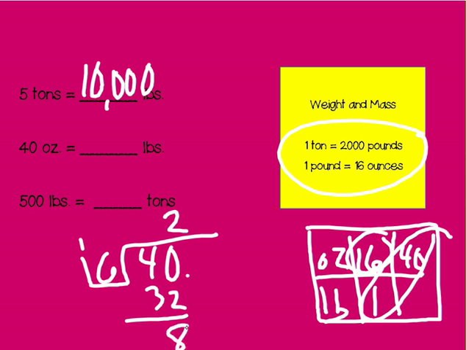We have 8, put in a decimal and a 0. 16 will go into 80 5 times, get my decimal in there, 5 times 16 is 80. So we're finished. 40 ounces is 2.5 pounds.